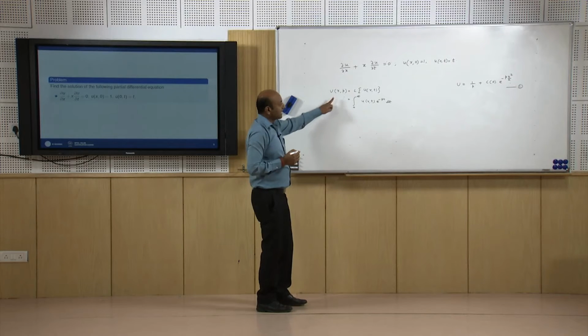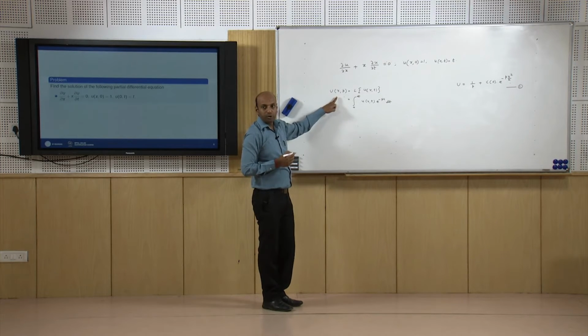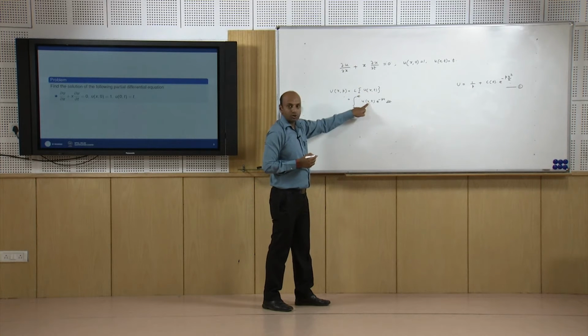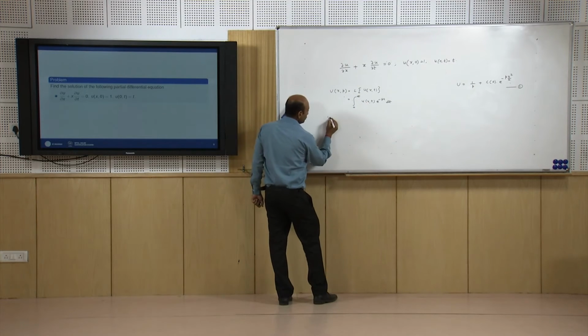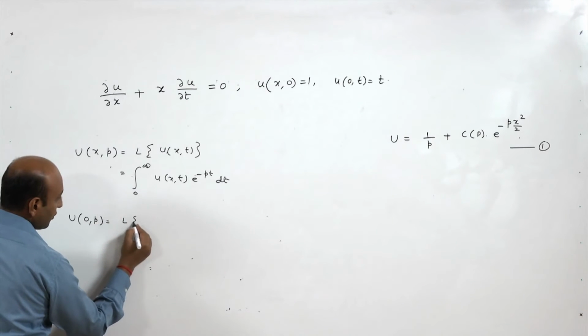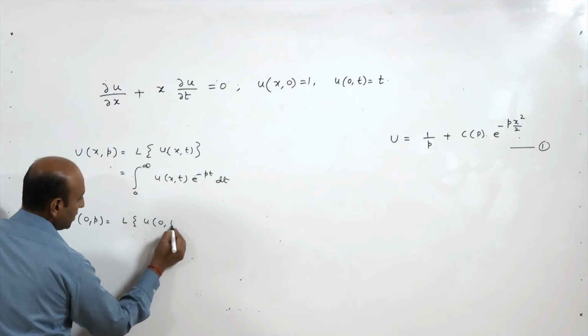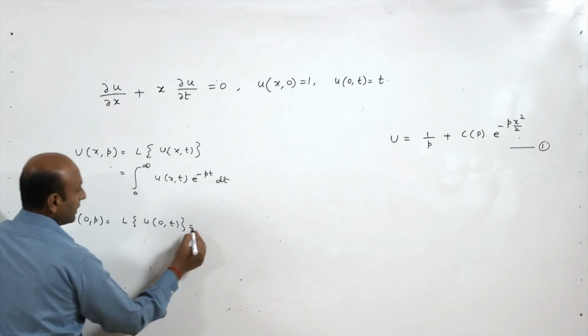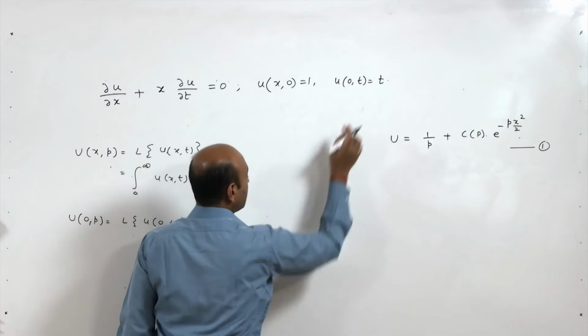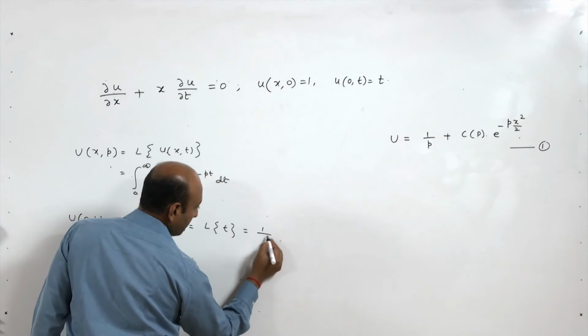Now, when you take x equal to 0, so here x equals 0 and here also x equals 0. So, U(0, p) will be the Laplace transform of u(0, t), and that is the Laplace transform of t, because u(0, t) is nothing but t. So, this is nothing but 1 by p squared.